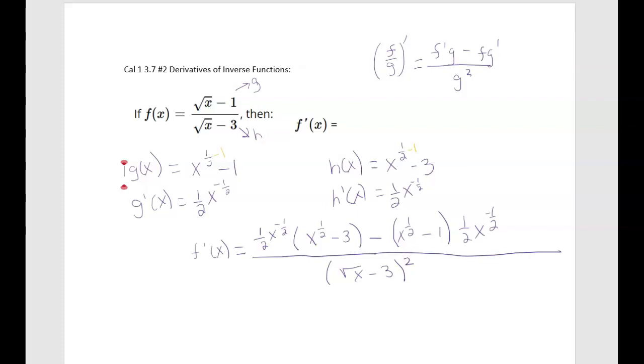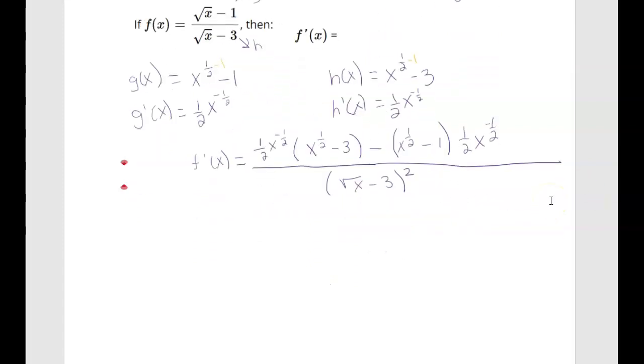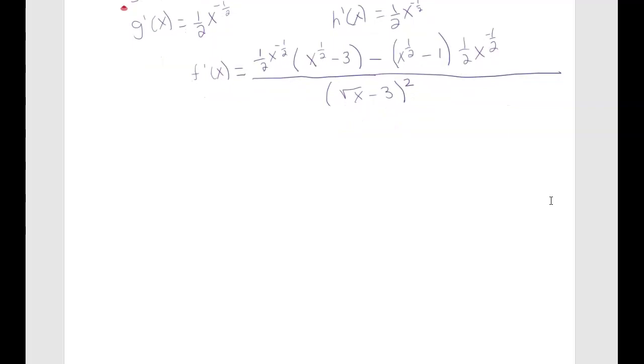We need to simplify. We've actually done the derivative part. We've done the calculus part. So now we just need to, all right, so here's our function, our derivative.